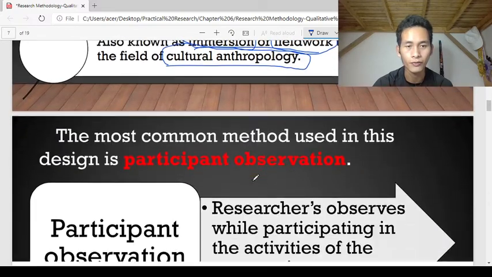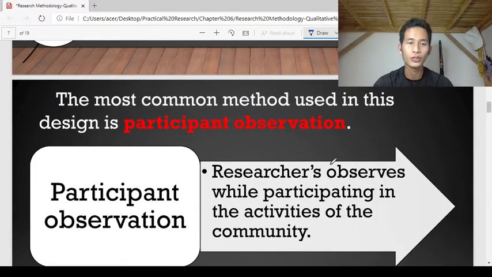That is ethnography. The most common method used in this design is participant observation. Diba? Participant observation. So this method is commonly used, diba, in anthropology. In fact, participant observation was introduced by a certain anthropologist. If I'm not mistaken, participant observation was introduced by Bronislaw Kasper Malinowski.